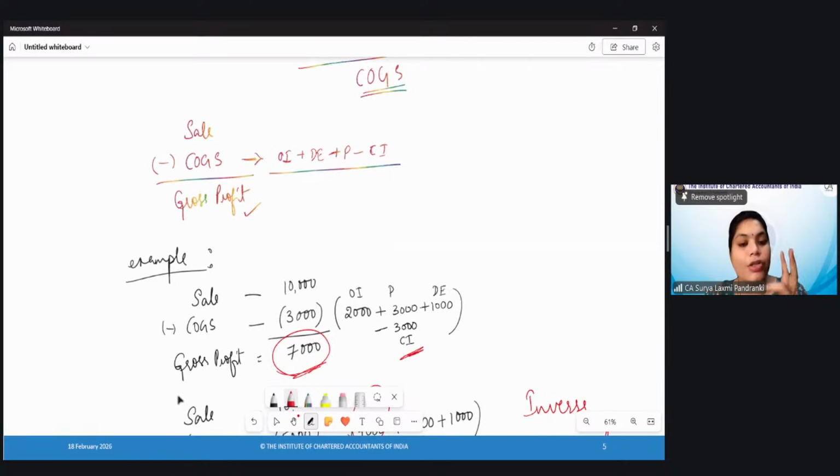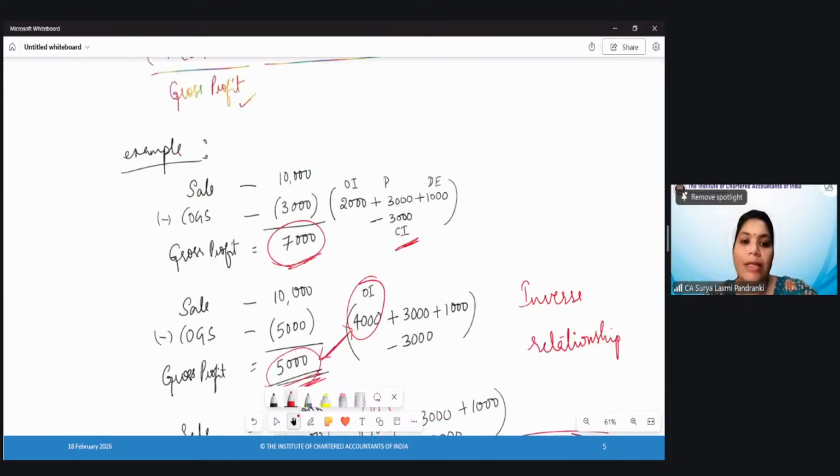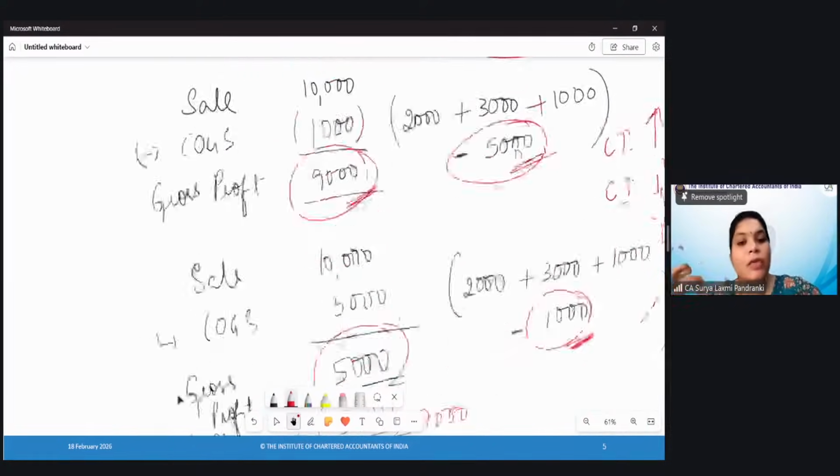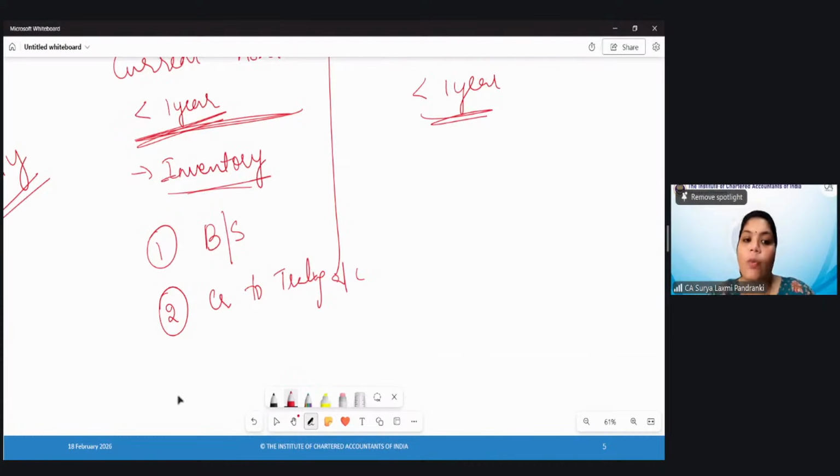Every transaction has two effects. We know that, right? It is a double entry system wherein any transaction will have two sides. One is debit and the other one is credit. So two adjustments have to be done. One adjustment goes to the trading account as a credit, and the other adjustment is the balance sheet as your current asset. Why is it a current asset?